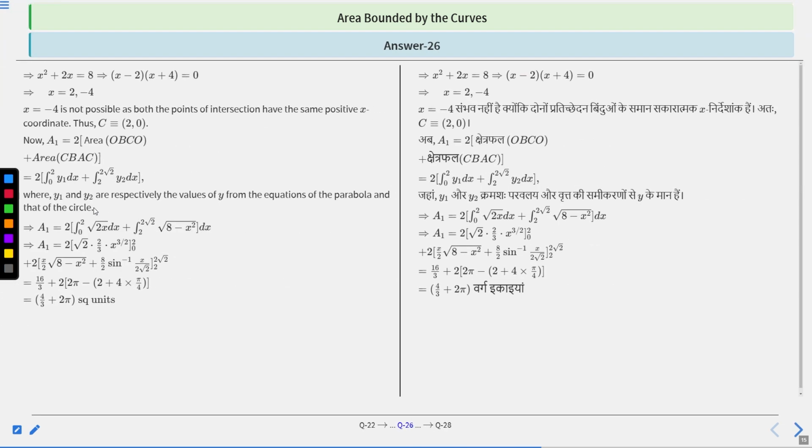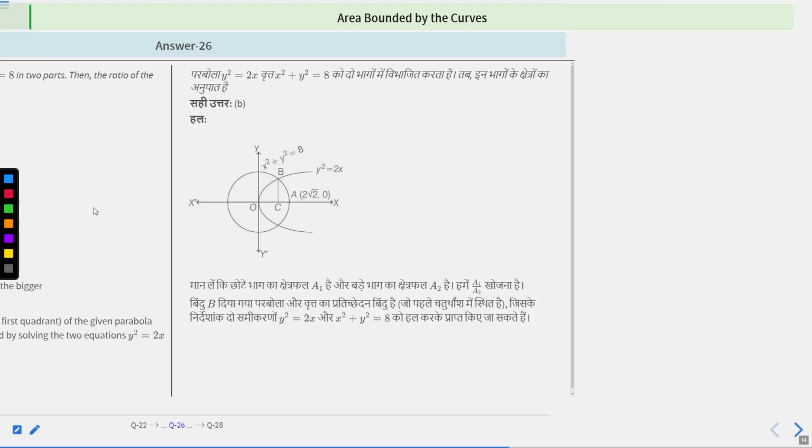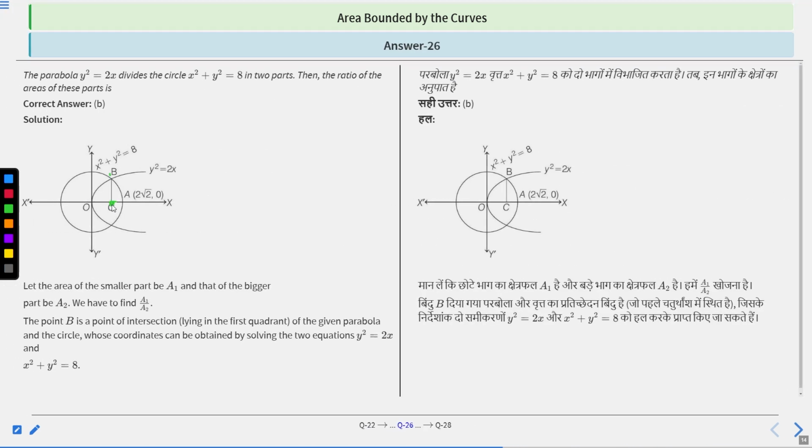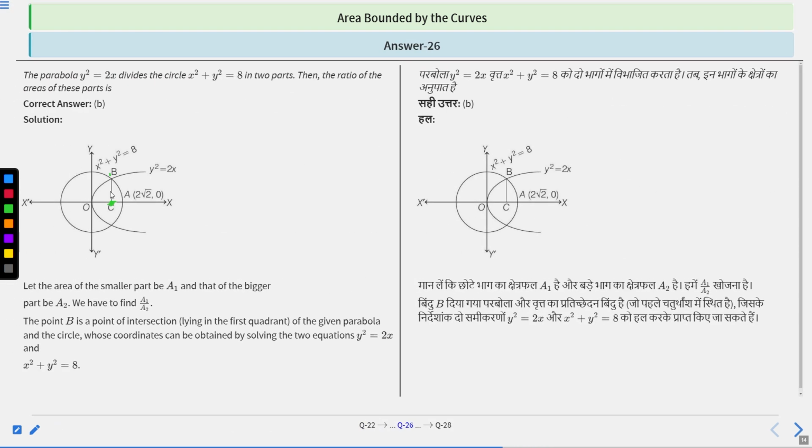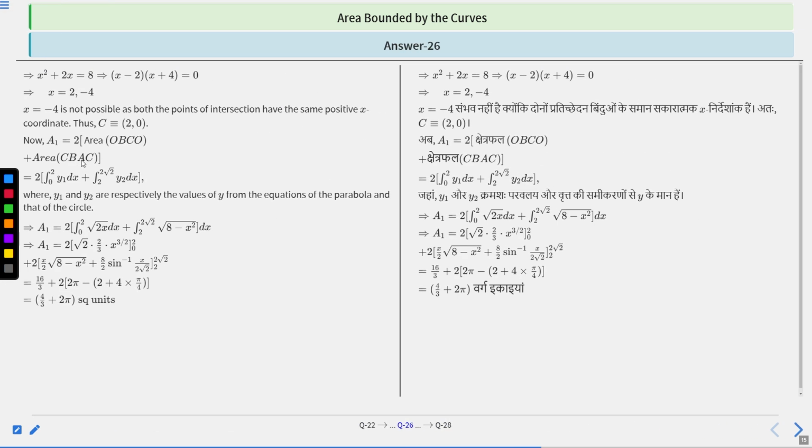Now A1 is basically 2 times the area of OBCO plus the area of CBAC, that is, 2 times the area of this region. Got it? So how can we find the area of OBCO?